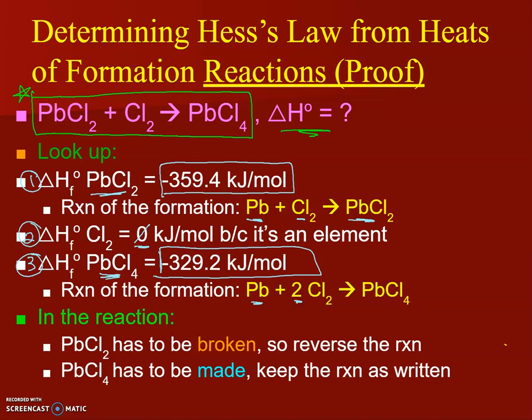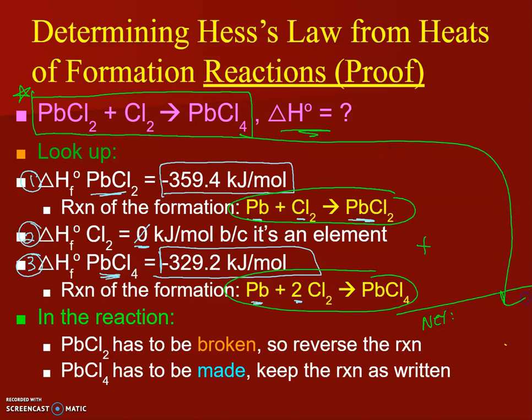So what I am doing with the Hess's law proof is arranging these two equations so that when I add them together, my net reaction is the same as what was initially there. It's like a proof that you see in geometry class. Instead of making PbCl2, because it is a reactant, I'm actually going to break it. So I'm going to take this reaction and flip it and reverse it.